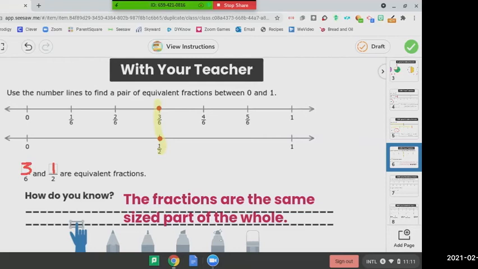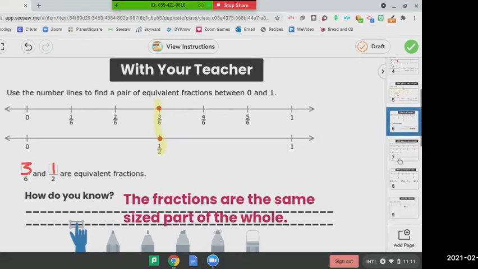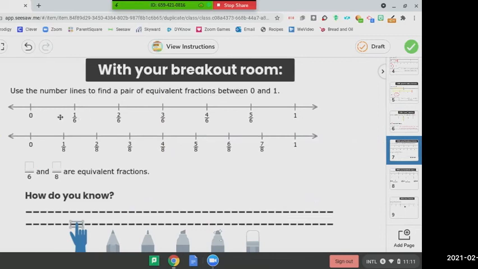Okay, you're going to solve problems just like this in your breakout rooms on slides 7 and 8. Slide 7 asks for you to do exactly what we did. Drag the dots to create equivalent fractions. You might notice that there are some hints given for you with the denominators. Okay? And then how do you know?